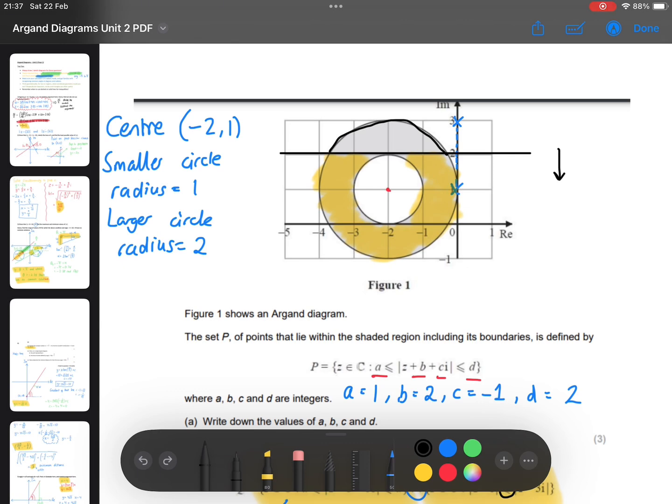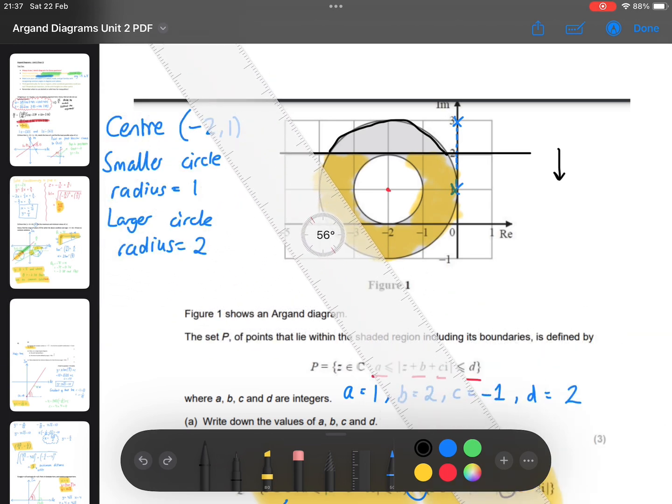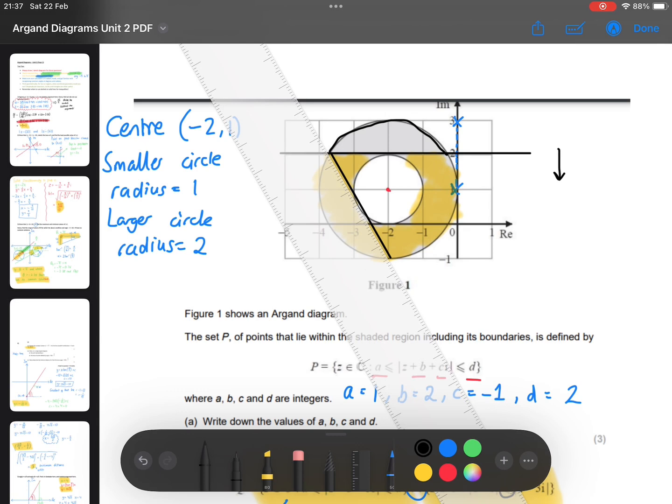And this area here is a segment of the circle, and then we can find a sector that we can work out this segment from. So for example, if we tried this sector here, this wouldn't work.